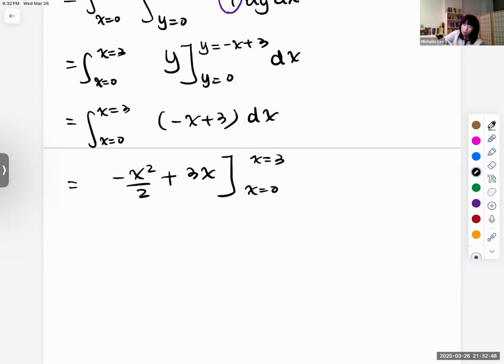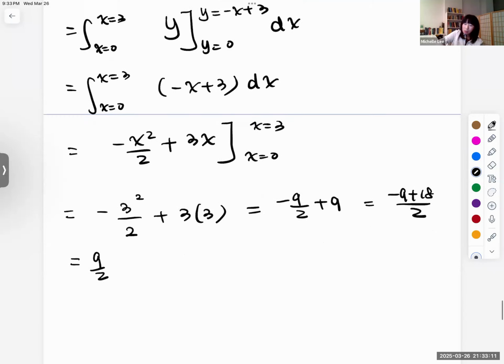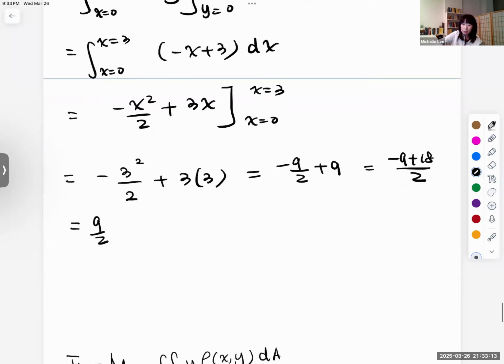So we have negative 3 squared over 2 plus 3 times 3. We get negative 9 over 2 plus 9, that will be negative 9 plus 18 over 2, which is 9 over 2. So we had a 9 over 2 earlier, right?